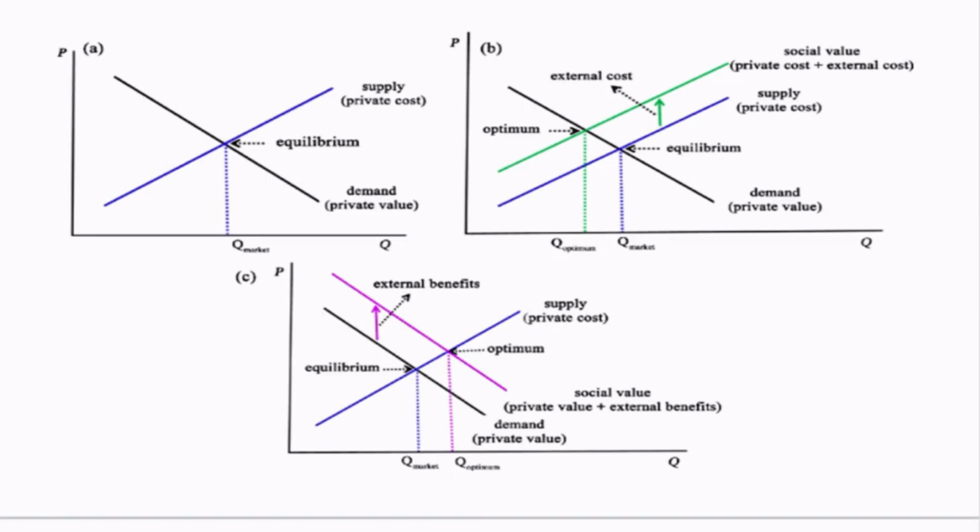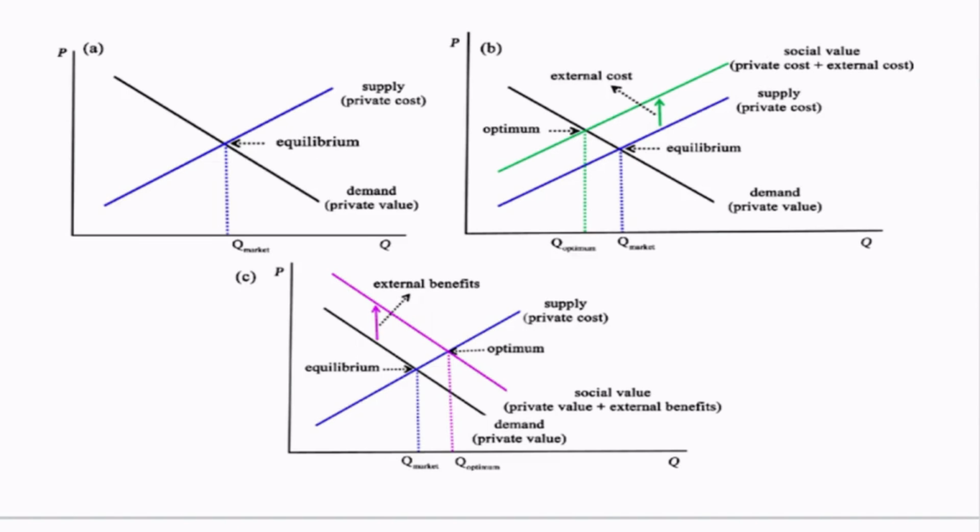When you talk about positive externality, we had taken an example of vaccines. Let us say there is a firm which produces vaccines, and the quantity of vaccines being produced, if left to the market forces, would be Q market.